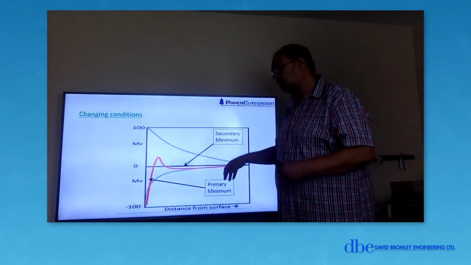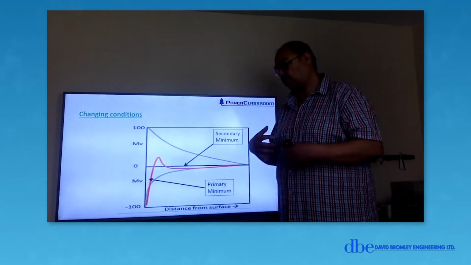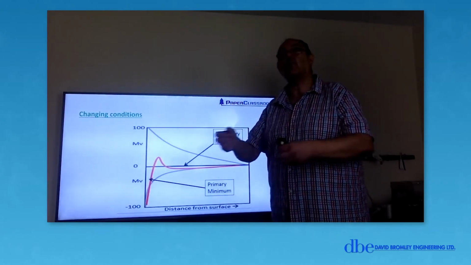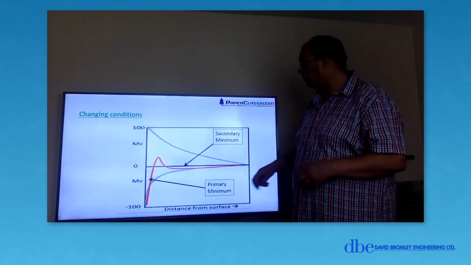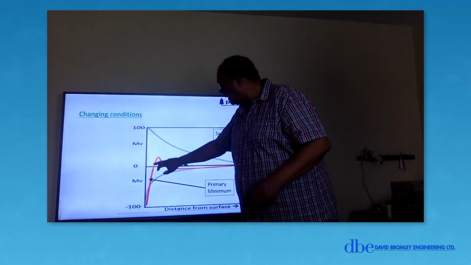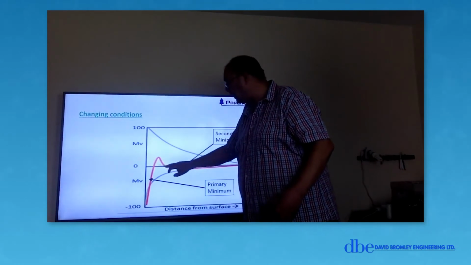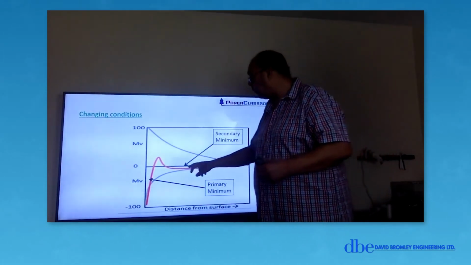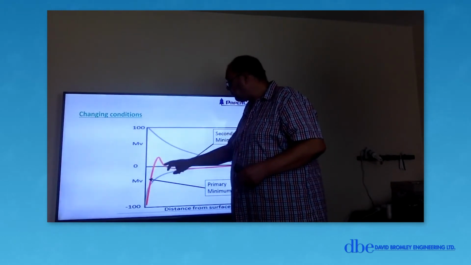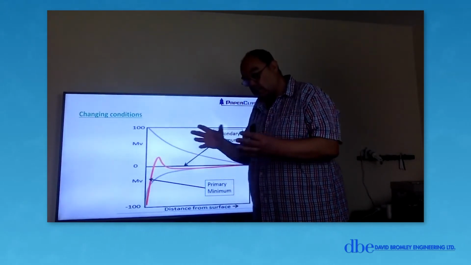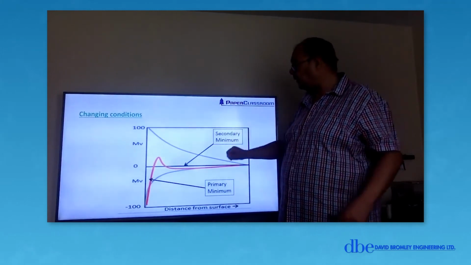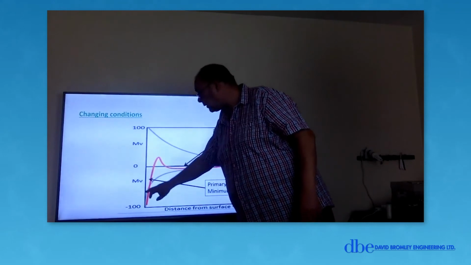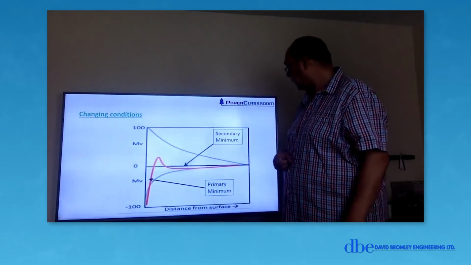So this may be, for example, getting things like MF and UF resin particles adsorbed onto the surface of fibres. But at this particular distance away, the forces of repulsion take over, and therefore the fibre and the particles of resin do not want to be attracted to each other, they're repelled. But if you can go beyond that, then the attractive forces will take over.